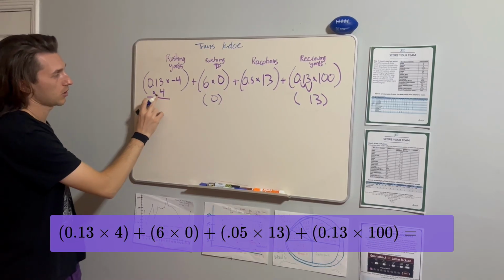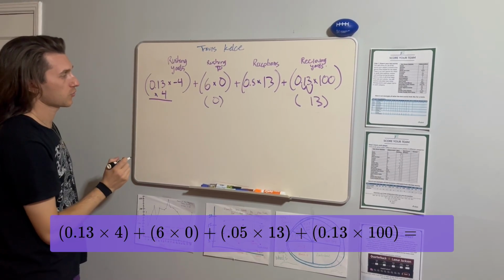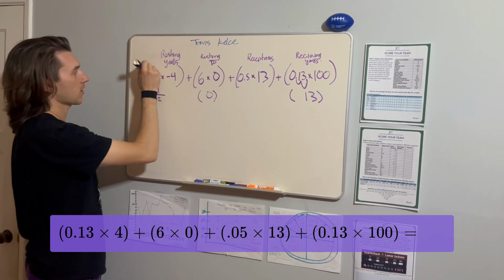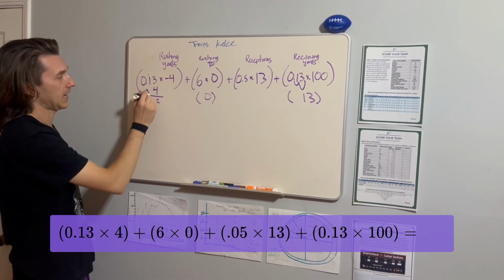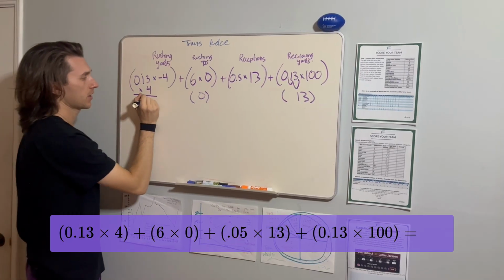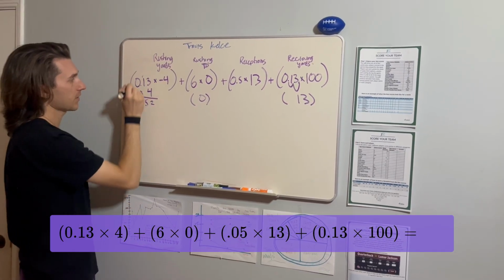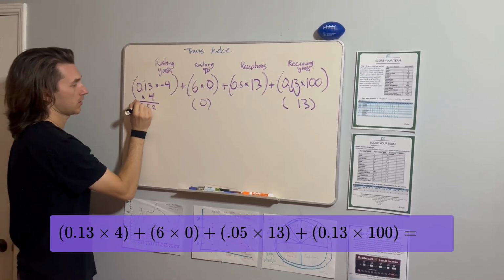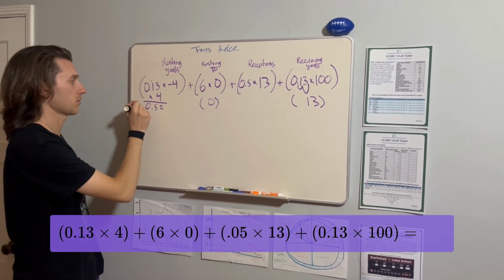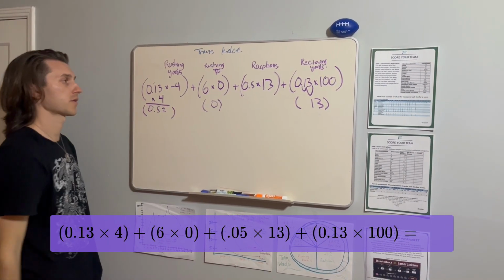I'm going to do 4 times 3 is 12. So I'll write 2 down here. I'll carry the 1 up here. And then I'll do 4 times 1 is 4, plus my 1 that I carried over is going to be 5. And we'll bring down the 0. So we'll end up with 0.52 as our number here.